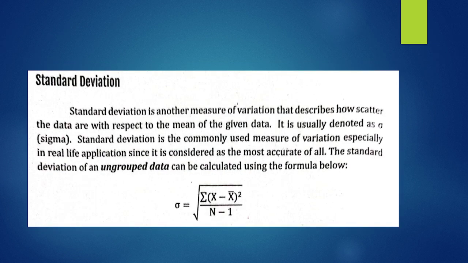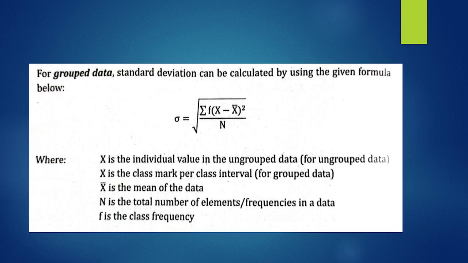Same ra siya. It's using the class mark yapon kay capital letter X. Now, where X is the individual value in the ungroup, and that's for ungroup ha, kay wala man tong gina table. Diba? Kay ungroup man. While the X for the group data is what we call the class mark per class interval.